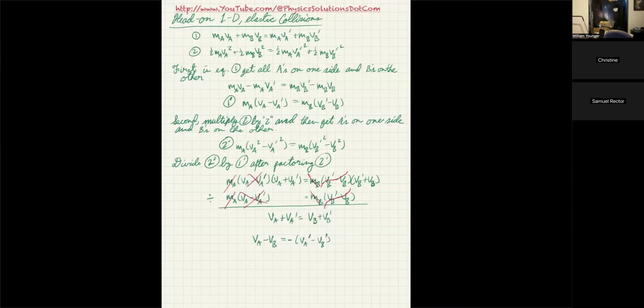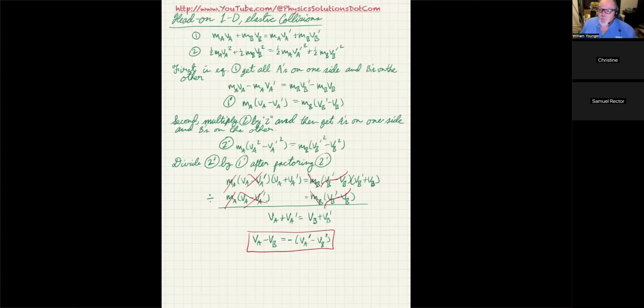But this is a wonderful happenstance. It turns out what it's saying is the difference of velocities before and after the collision in an elastic collision in which momentum is conserved and it's 1D head on reverses the sign of the difference in velocity. So the difference in velocity before the collision is equal to the negative of the difference in velocities after the collision.